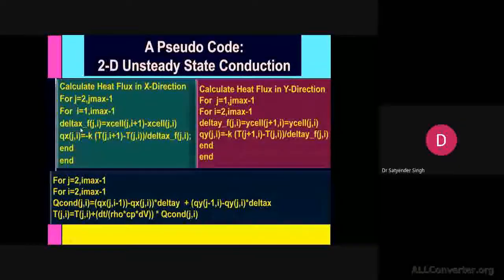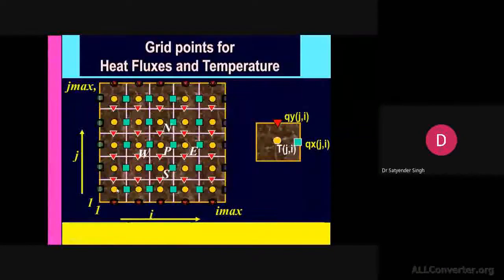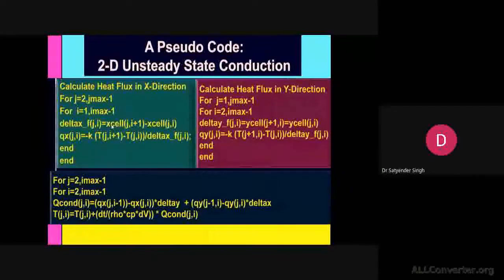And then we have to calculate the delta x, which is the distance between the two cells. That can be taken as the x cell distance, at I plus 1 minus I level, the difference between the two cell centers, because we already have defined the matrix accordingly.